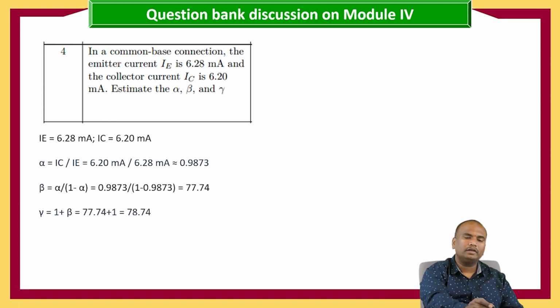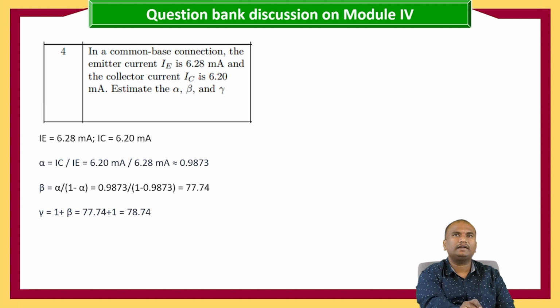Now, in a common base connection, the emitter current is 6.28 milliamperes and the collector current is 6.20 milliamperes. Estimate alpha, beta and gamma. Here IC and IE values are given, and we assume there is no leakage current because it is not mentioned that leakage current is available.